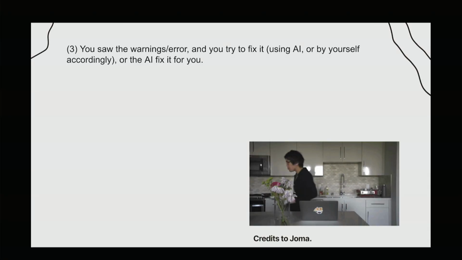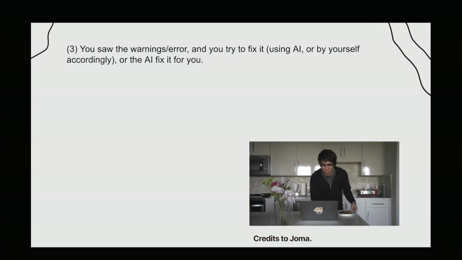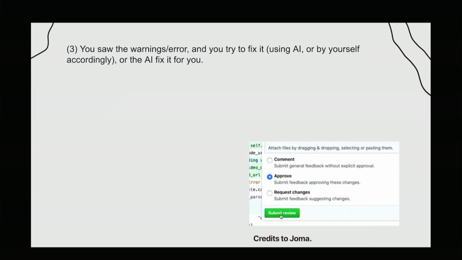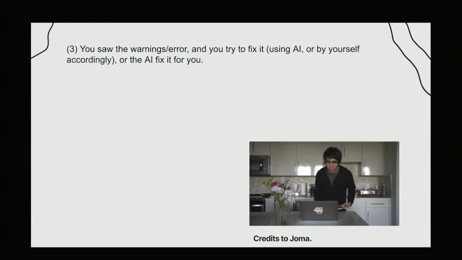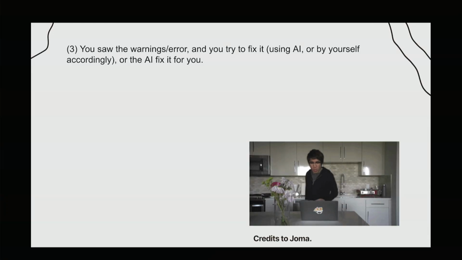If there are any problems or anything that violates the rules, the linter will tell you there are errors, and you try to fix them. For example, your function has too many parameters, or you are using a name that's too short. I guess that's very common for a linter to tell you. Or you can just use AI to fix it yourself, right?